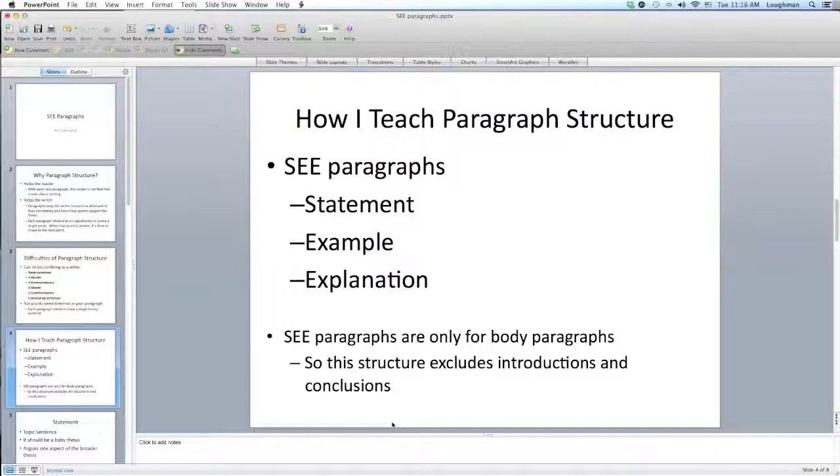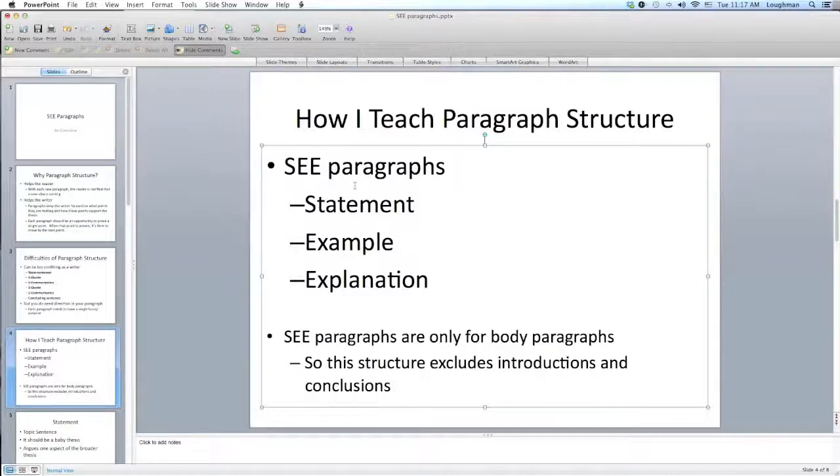And so C is a nice little acronym. And notice that right down here, C paragraphs are only for body paragraphs. So don't try to use a C paragraph for an introduction or conclusion. Those paragraphs are slightly different animals, and we'll discuss those later if you want to.